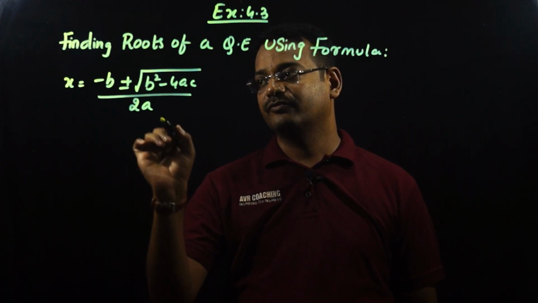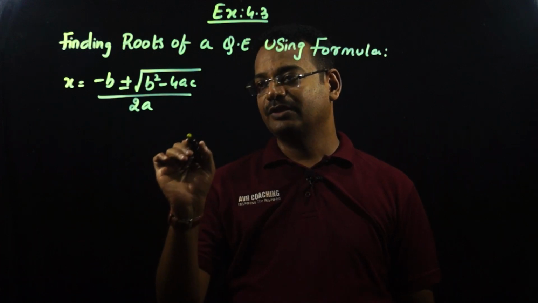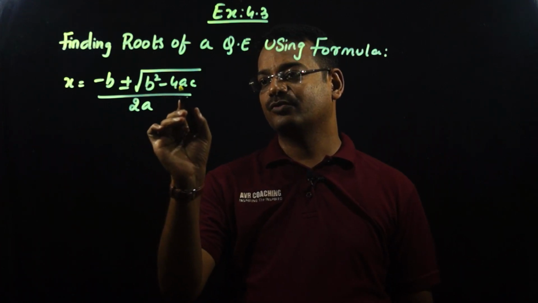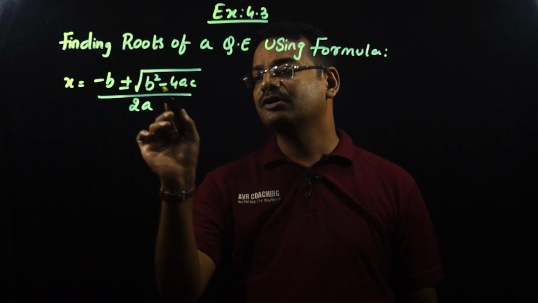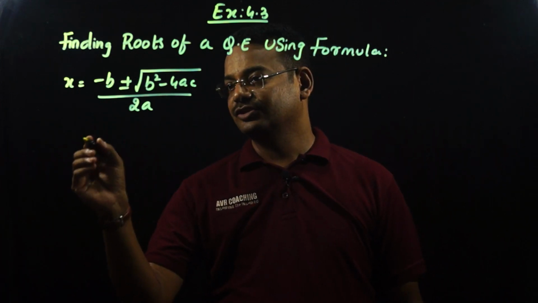But this will work only if the roots exist for the equation. The roots of the equation will exist only when b square minus 4ac is equal to 0 or b square minus 4ac is greater than 0.